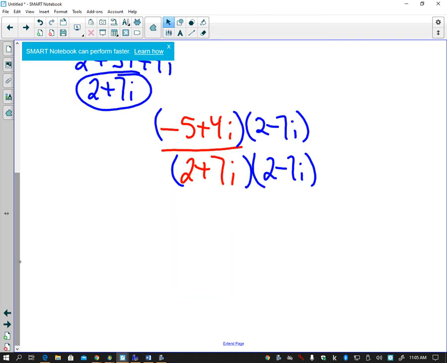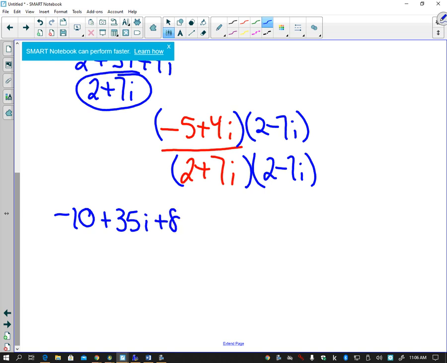Negative 5 times 2 is negative 10. Negative 5 times negative 7i is positive 35i. 4i times 2 is positive 8i. And 4i times negative 7i is going to be negative 28i squared.